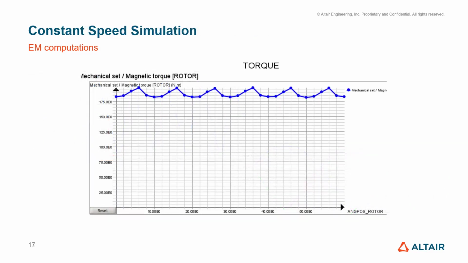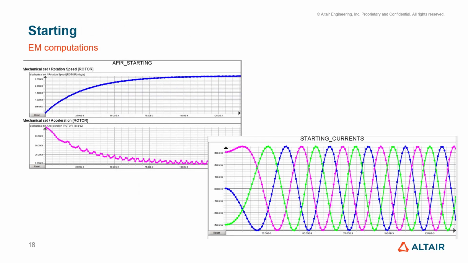For the constant speed simulation at the working point, we supply the motor with a three-phase balanced current, to see the curve of the torque, the magnetic induction in the magnetic circuit, and other quantities like Joule losses, iron losses, etc. In the starting analysis, we can see the mechanical and electrical behavior of the motor with the curves of rotational speed and acceleration, and the currents flowing through the coils.